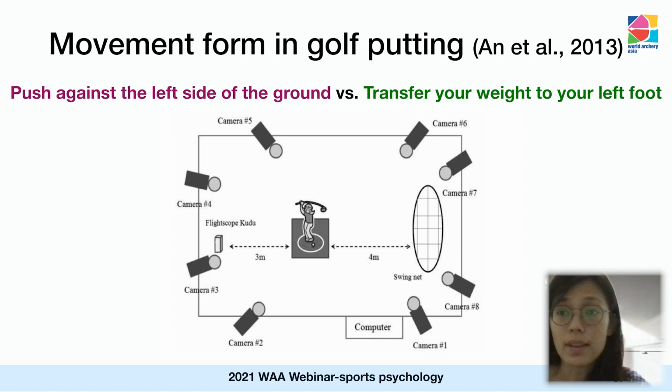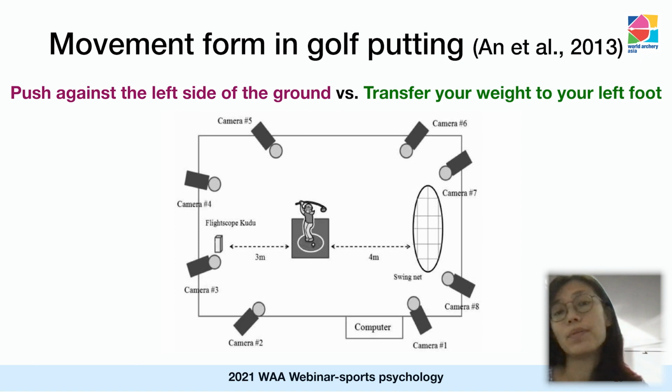And we find that indeed the external focus of attention group show greater angle, meaning they have the greater rotation of the body to achieve this goal.